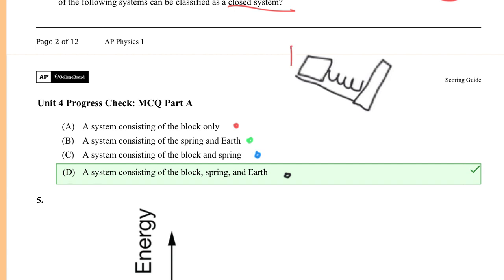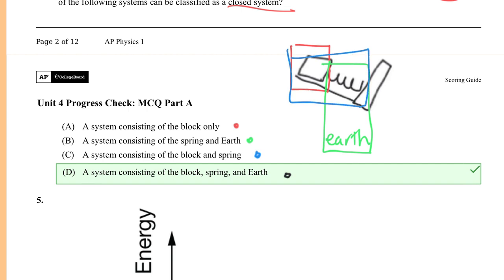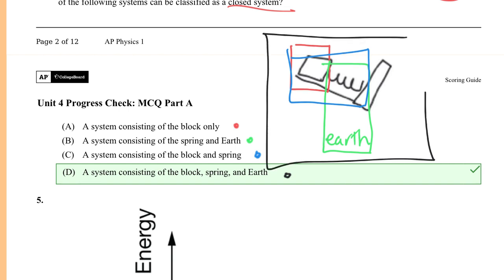We have the system containing the block, the system containing the spring and the earth. So I'm going to write earth. The system containing the block and the spring. The system containing block, spring, and earth. So our question is, which one of these systems have no external forces? And of course the answer is D, because we already know.